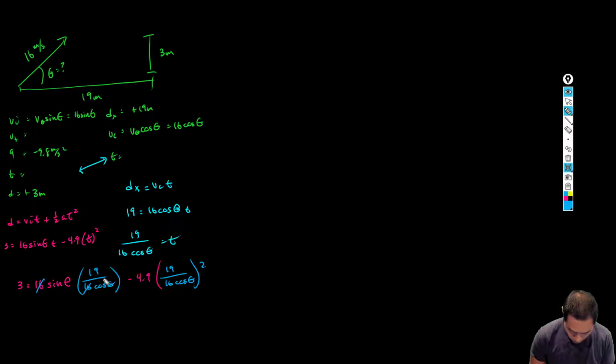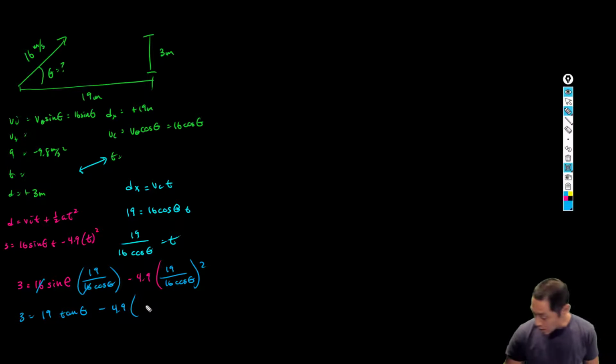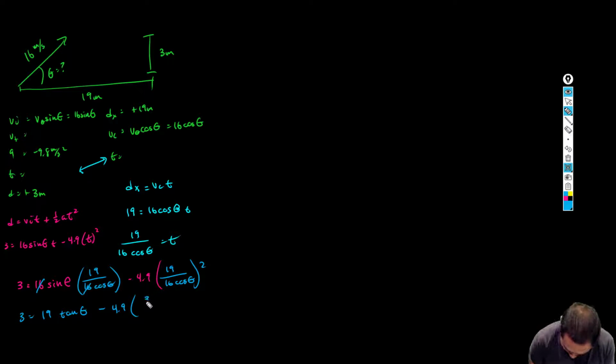The 16s cancel out, and I get 3 is equal to, I'm going to pull out the 19, sine over cosine, so that's tangent theta, so that looks okay, minus, I'm going to pull out this number, but I'm going to square it first so I make sure I don't make any stupid mistakes. Where's my calculator? 19 squared is 361. 16 squared is 256.